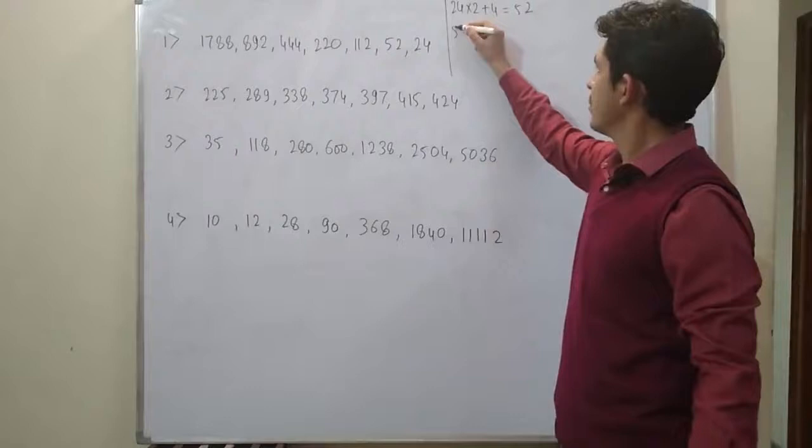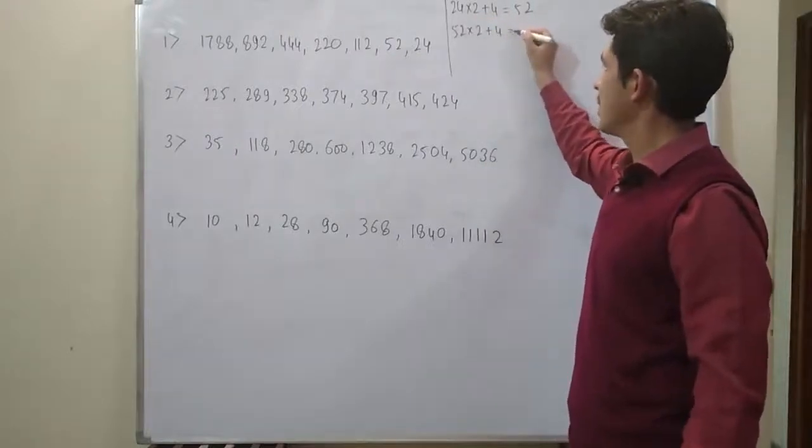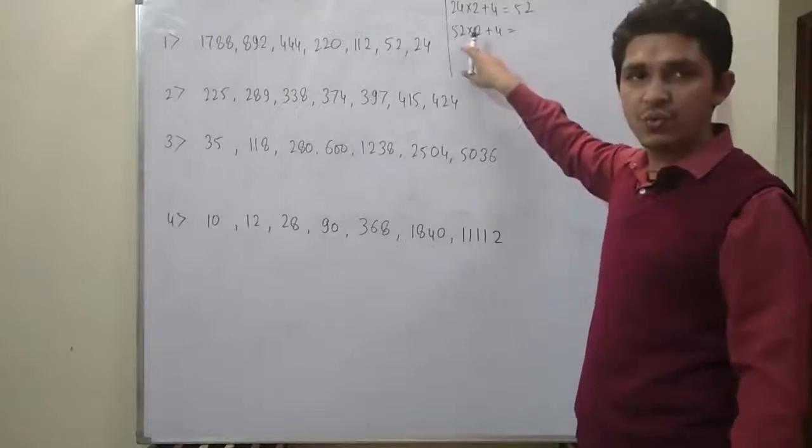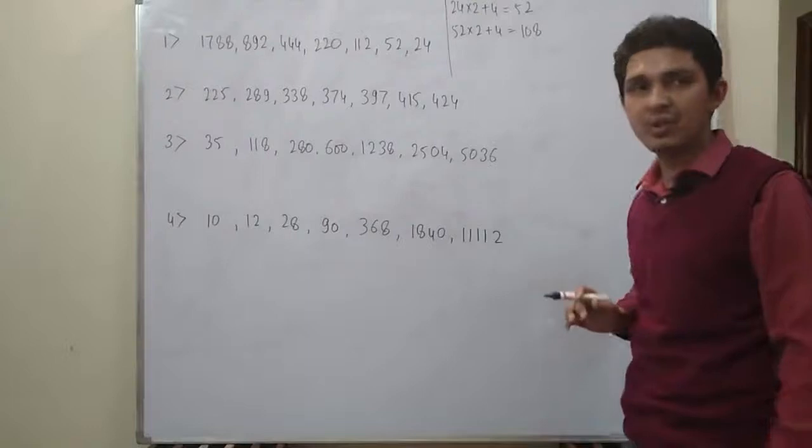And thereafter 52 multiplied by 2 plus 4 will be 104 plus 4, so here we will get the number 108.